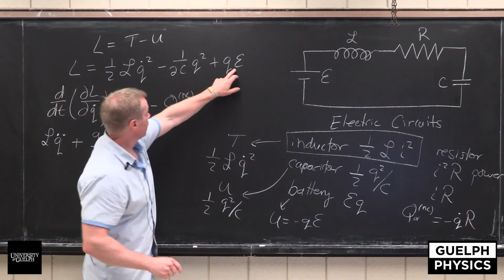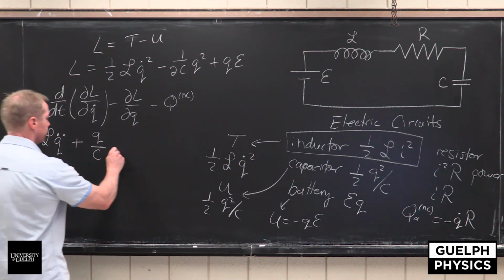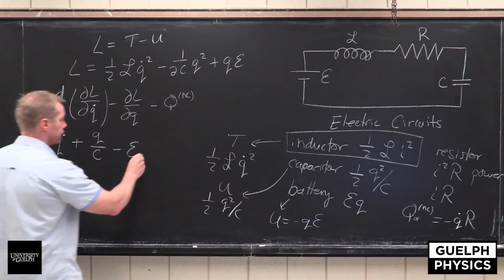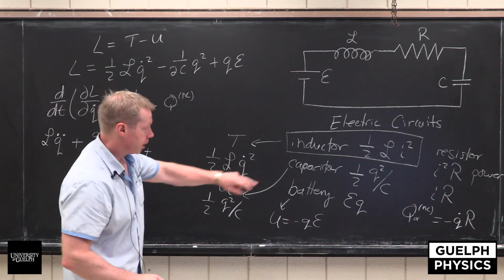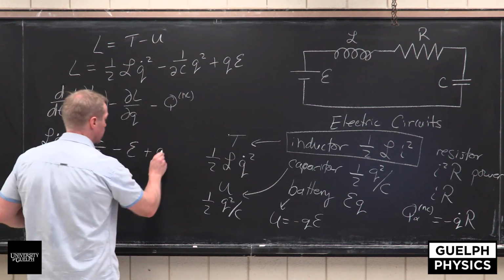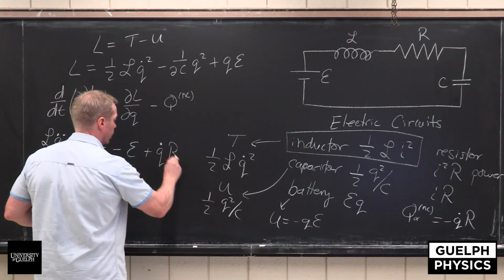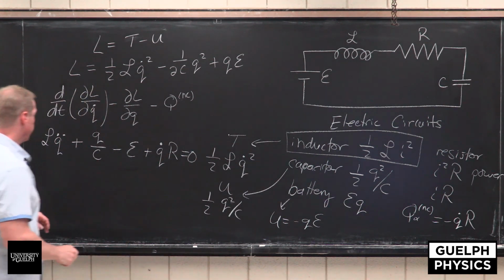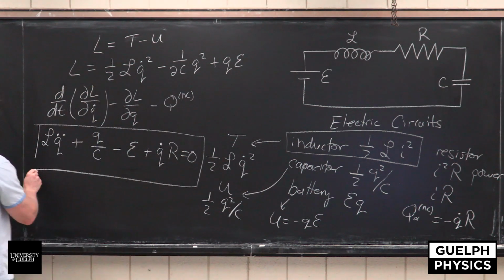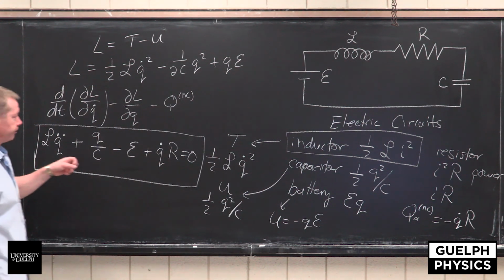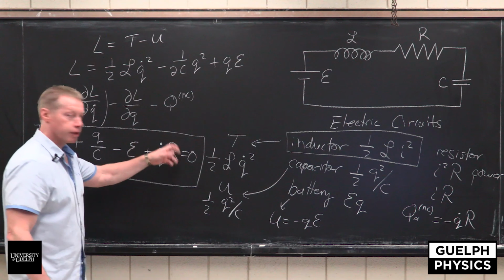Minus di L by di Q, so that would give me a minus epsilon, and then finally a plus. My generalized force is a Q dot R equal to 0. And so this becomes a differential equation in the charge Q that I could solve.